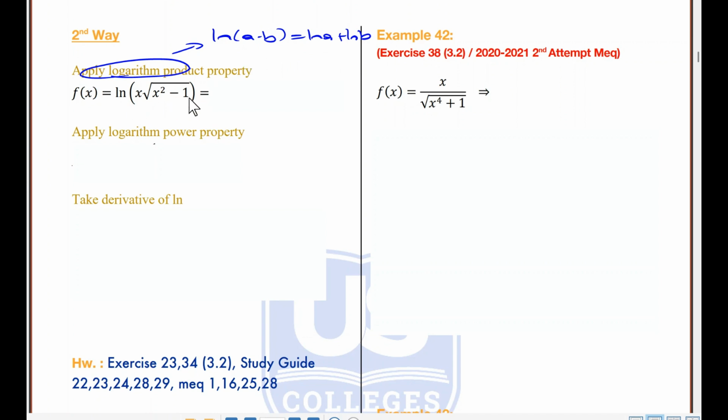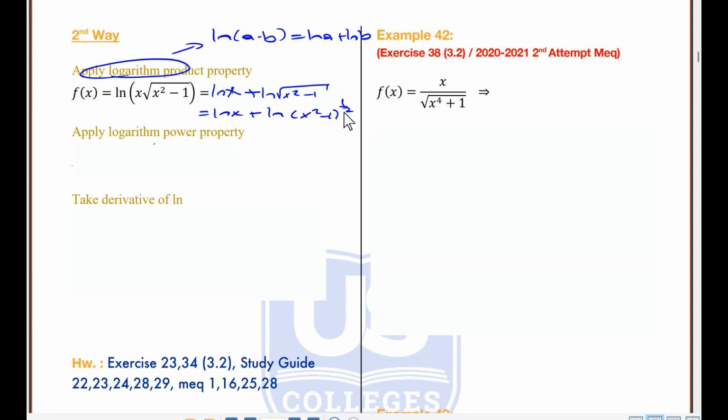So I apply the same property here. I will rewrite this as ln x plus ln square root of x squared minus 1. So remember how to get rid of the square root. I can write this as ln x squared minus 1 to the power of, square root means 1 over 2.